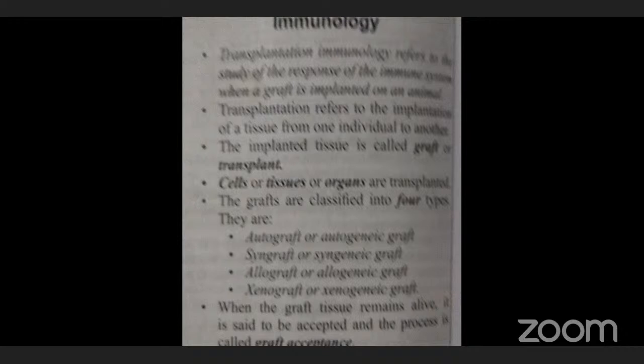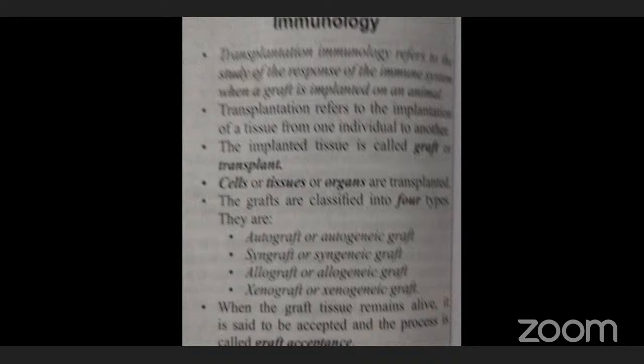We transplant another kidney from one person to the next person. That is the solution. Organs or tissues are transplanted from one person to another. That is called transplantation immunology. Clear?